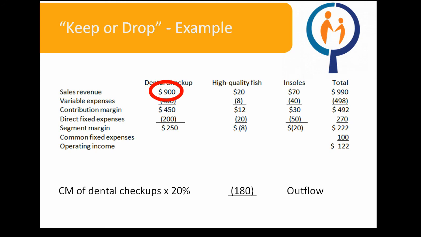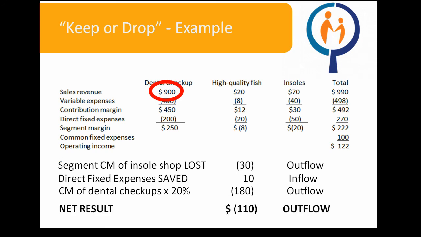We do not lose the direct fixed expenses in this case, as we only have lost 20% of the segment, not the entire segment, and as such, direct fixed costs cannot be avoided. This generates a net result of $110 in the negatives, or an outflow of $110, telling us that we should not drop the insole shop.